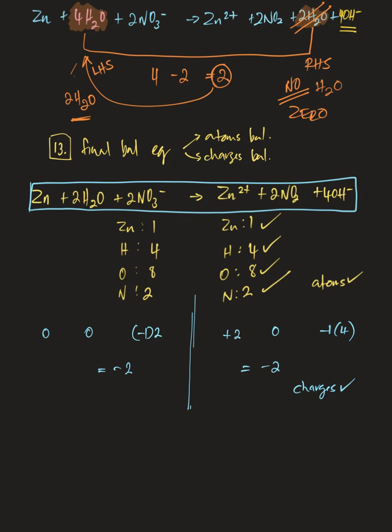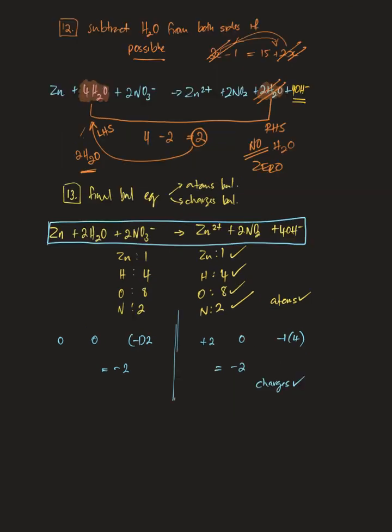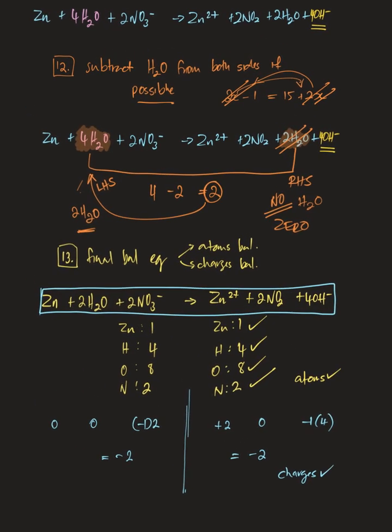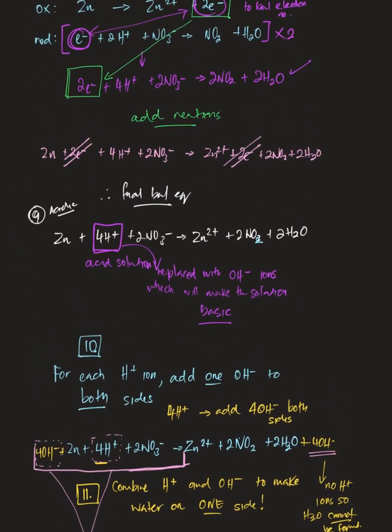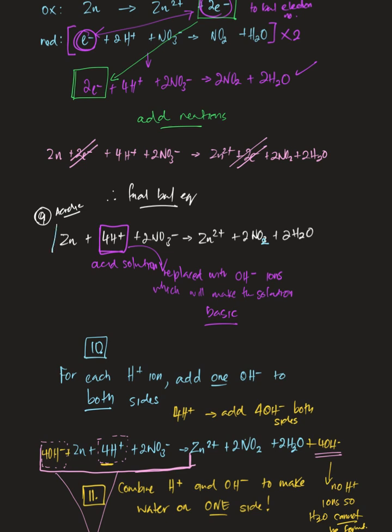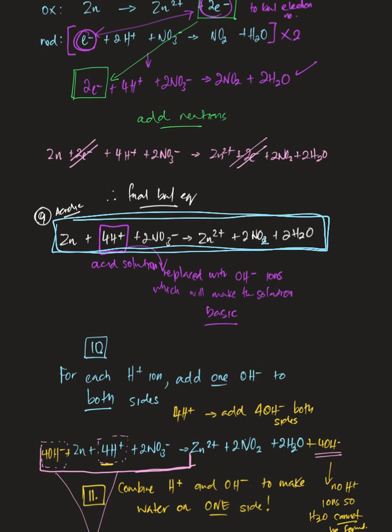And then we'll do some examples so that we can get through to it. So just remember, when we do these types of equations, we need to make sure I get to the final equation for an acidic solution.